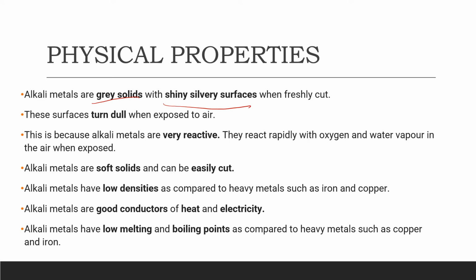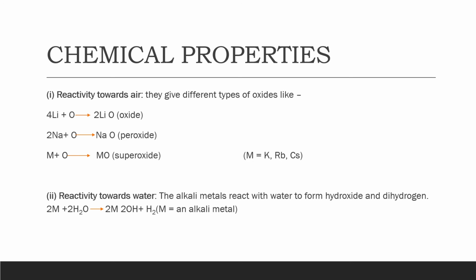Next are the chemical properties. Under chemical properties, there are 5 of them. Let's go one by one. Reactivity towards air. They give different types of oxides like oxide, peroxide, and superoxide.